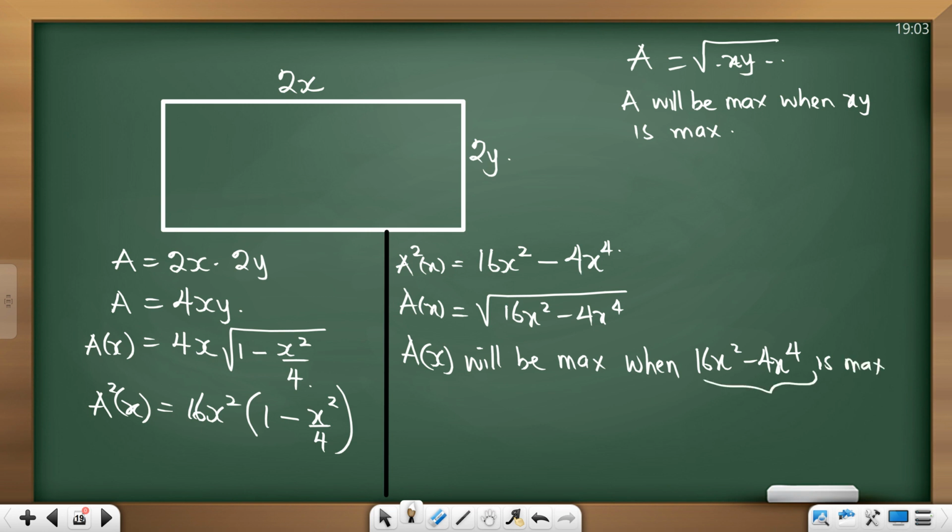How do we make sure that is maximum? We differentiate. That makes sense. So A prime of x, therefore, will be 32x minus 16x cubed. Write that thing there.